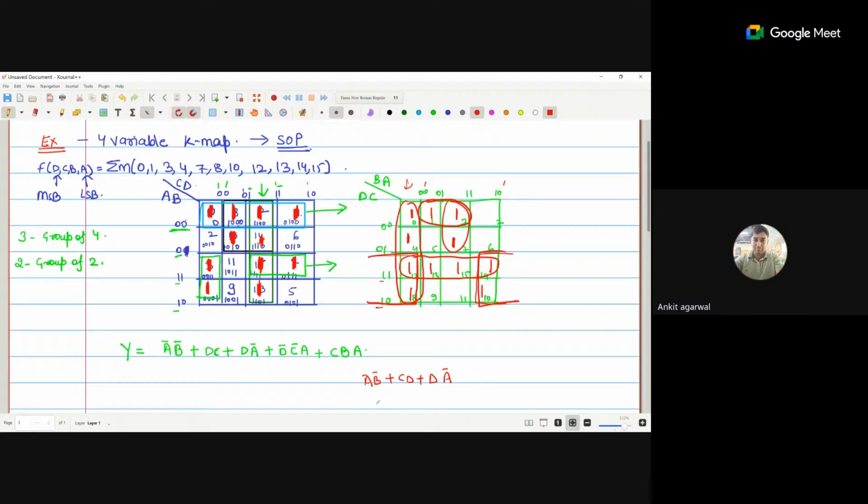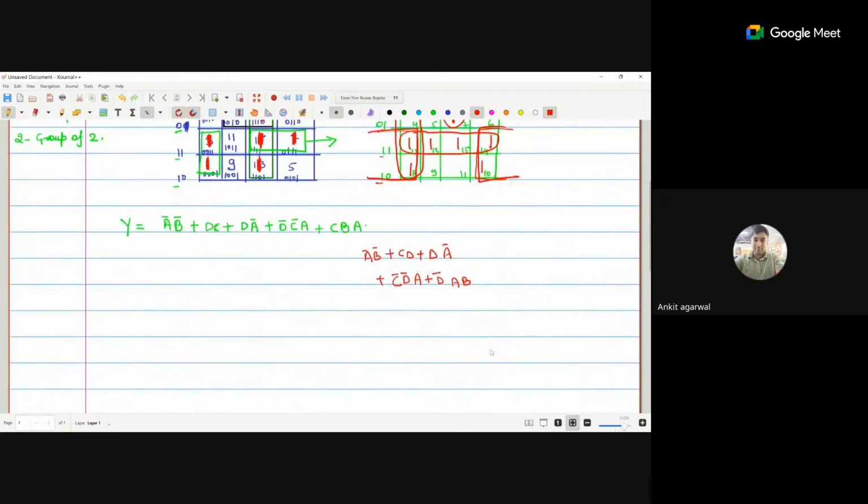Plus if you create an expression for this one, C bar D bar, and A is 1, so A, plus for this group D is constant, so D bar A B. So if you see, all four terms are same, only this term is different.